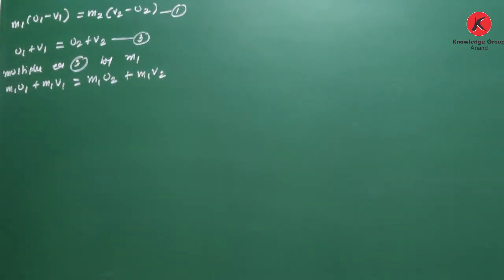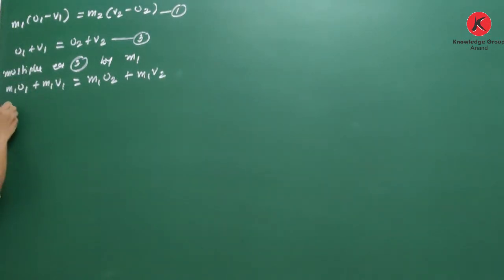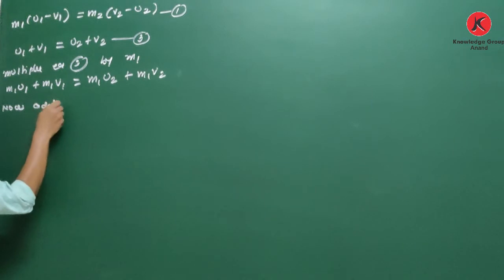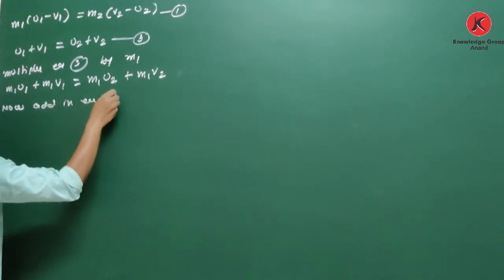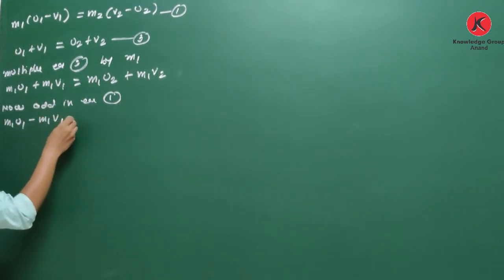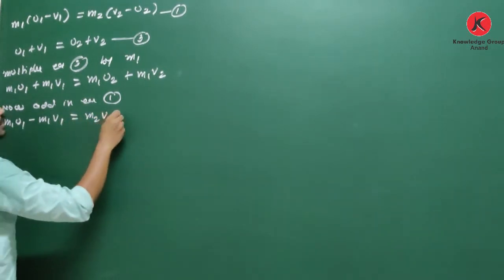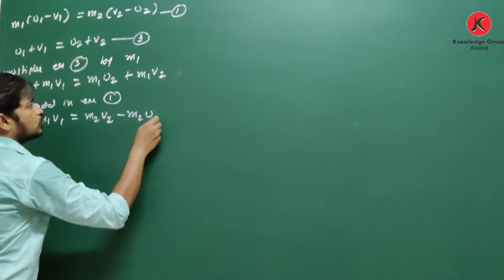Now you have to add this in equation number 1. What is equation number 1? Here it is: m1 u1 minus m1 v1 is equal to m2 v2 minus m2 u2.